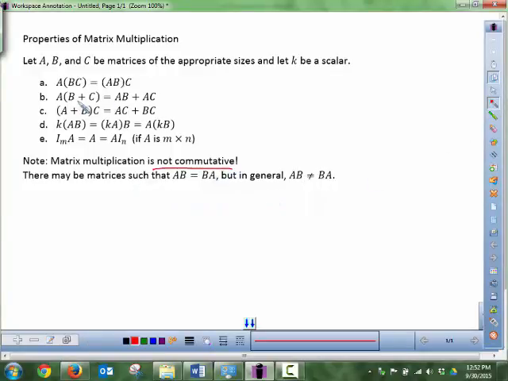But it is associative, it is distributive in both ways. And remember, we have to consider both ways now because of the fact that it's not commutative. So multiplying from the front is different from multiplying from the back, or multiplying from the left is different from multiplying from the right.